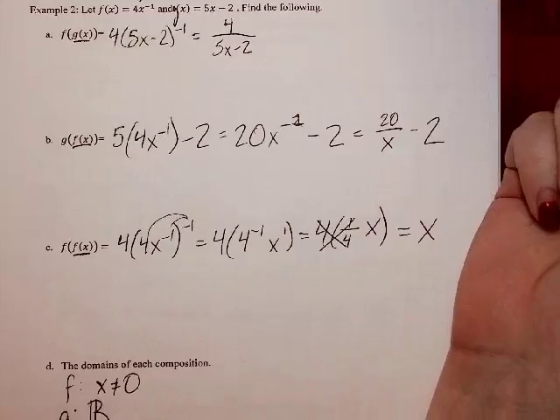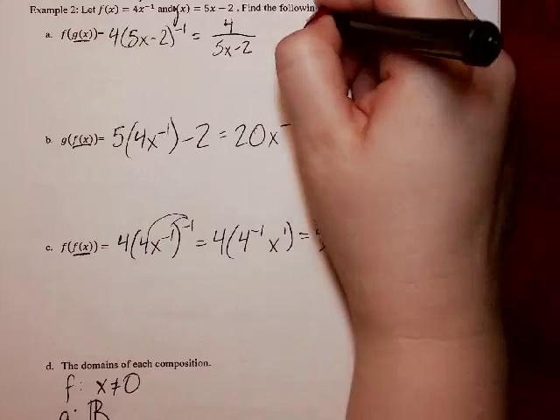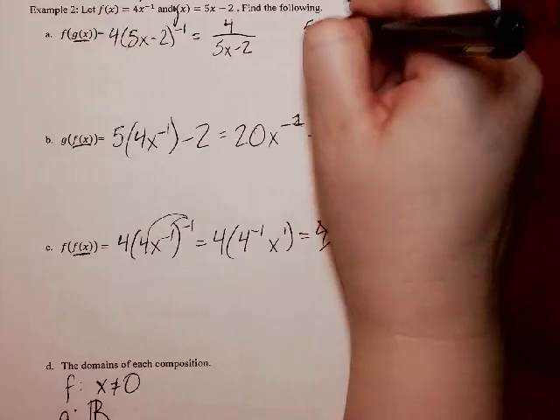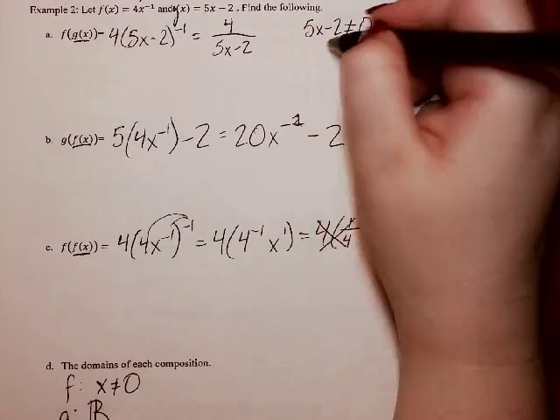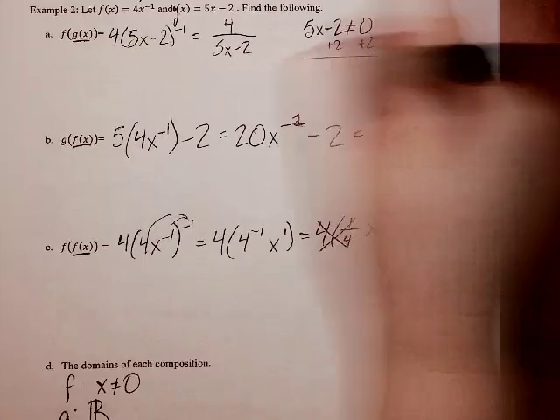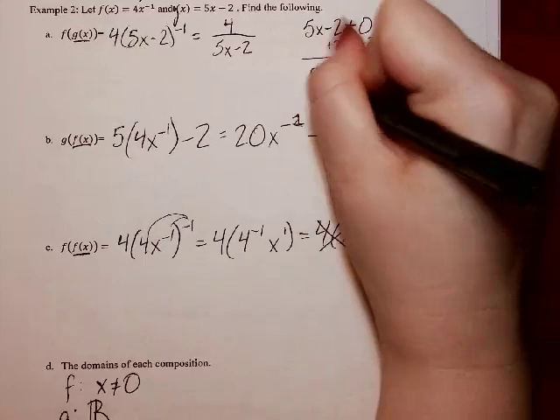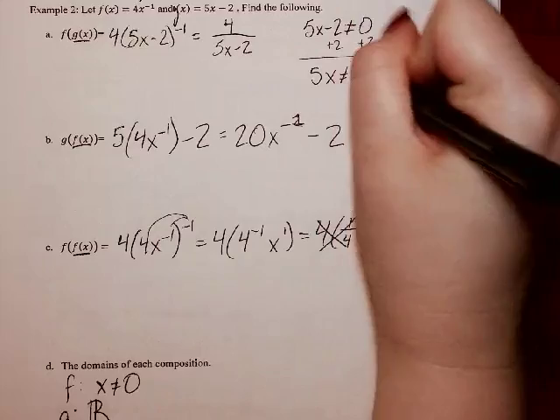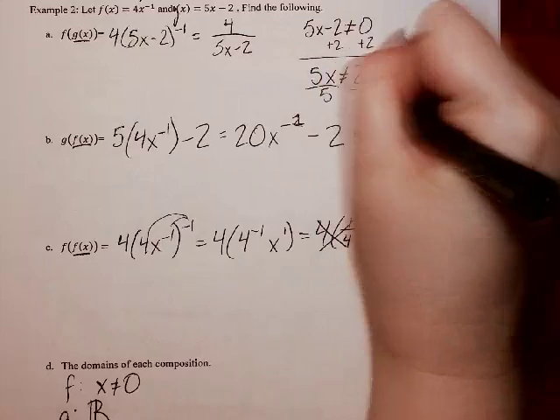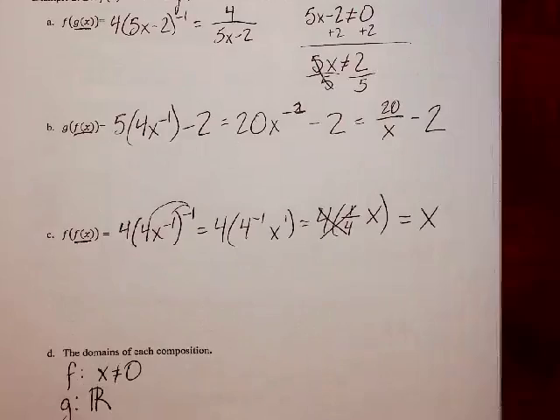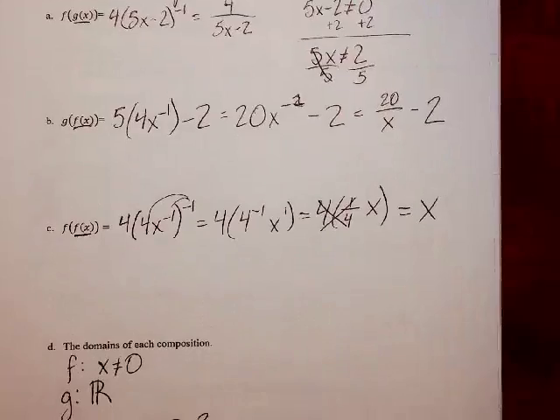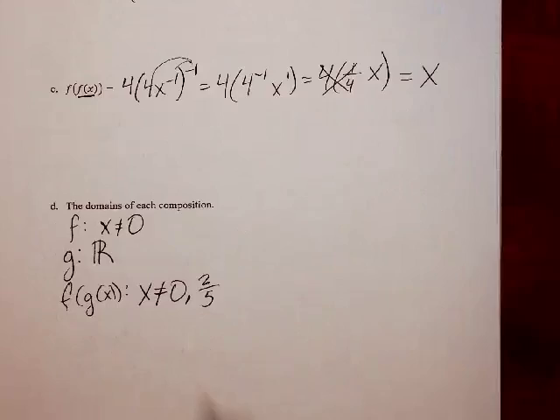So the bottom of our fraction, which is 5x minus 2, cannot equal 0. So now we solve for x. So we add 2. 5x cannot equal 2. Divide by 5. We get that x cannot equal 2/5. So I'm going to add that to my domain down here. So x cannot equal 0 and cannot equal 2/5.